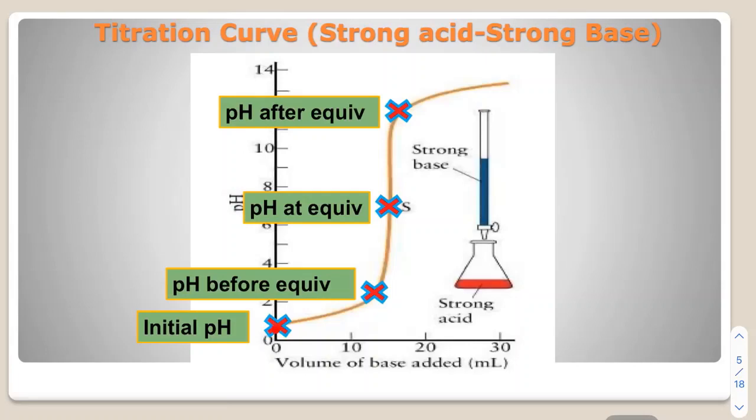So this is the initial pH, and then it increases slowly. This is also before the equivalence point, and then it increases steeply until it passes the equivalence point, and then this is when we have a pH after the equivalence point.